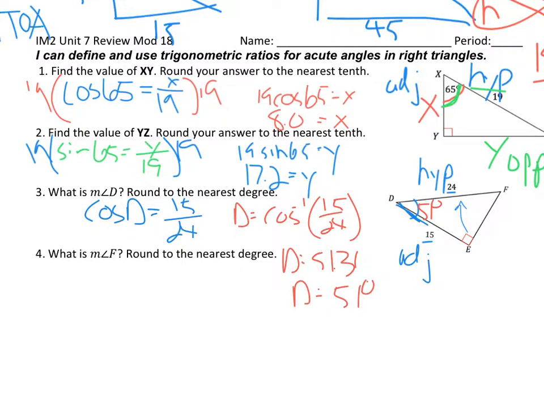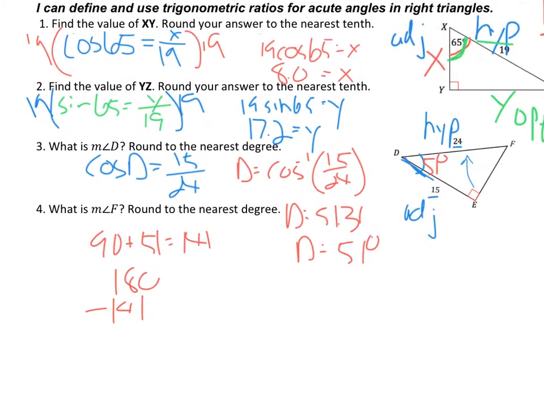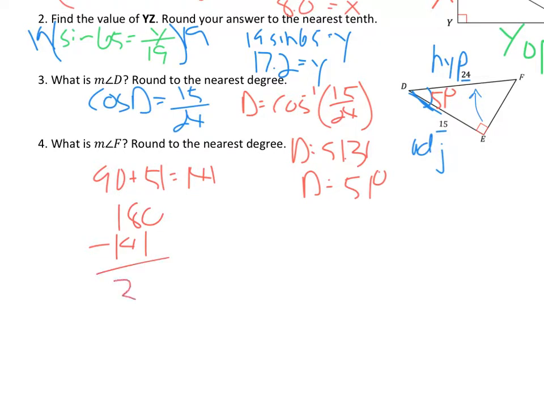So we would have 90 plus 51 is 141, and then we go 180 minus that 141, which gives us 39 degrees on that one.